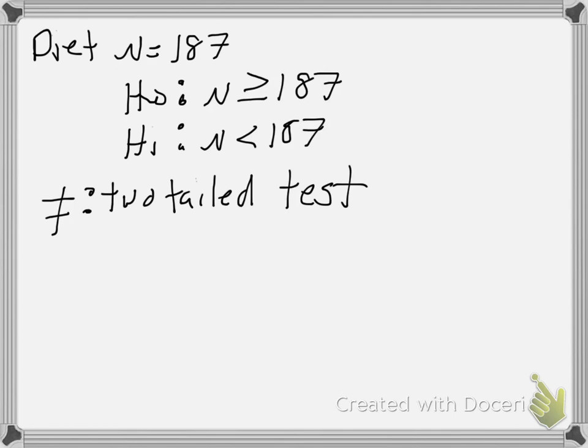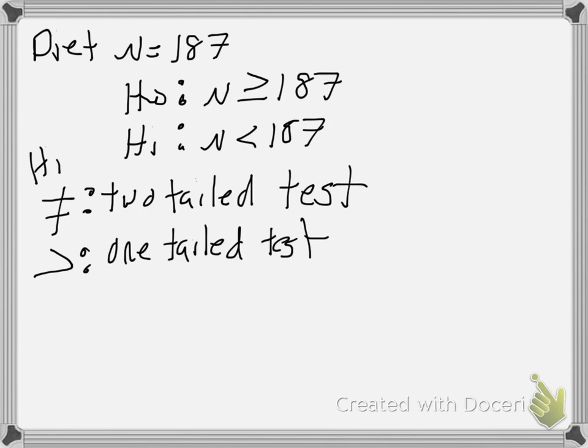When you had greater than by itself in H1, this is all for H1, then that was a one-tailed test, and it was right-tailed. Trust me, guys, all this will make a lot more sense when we go through it.